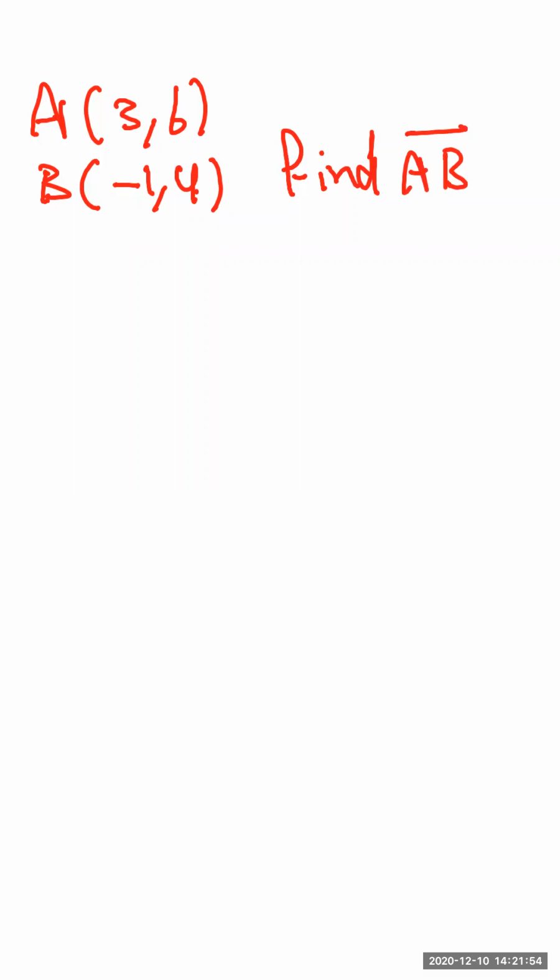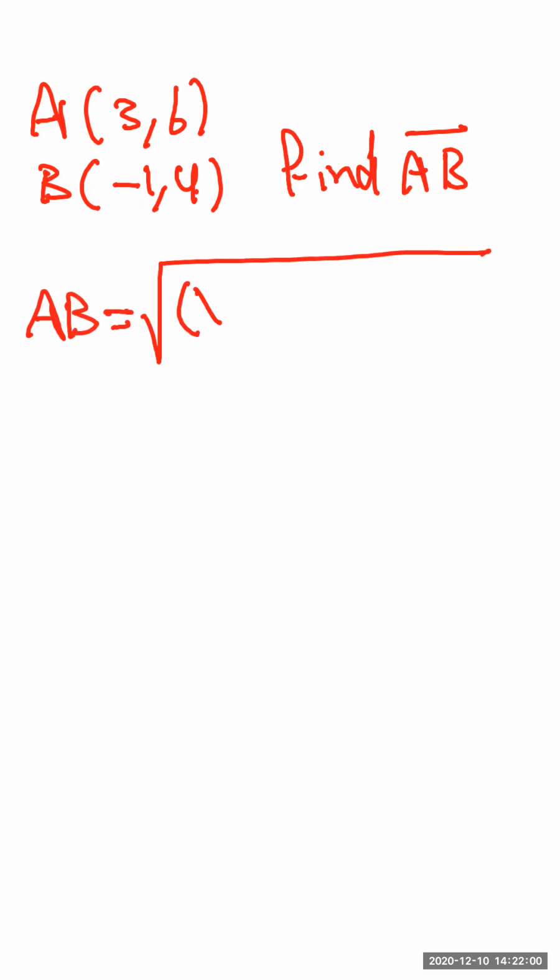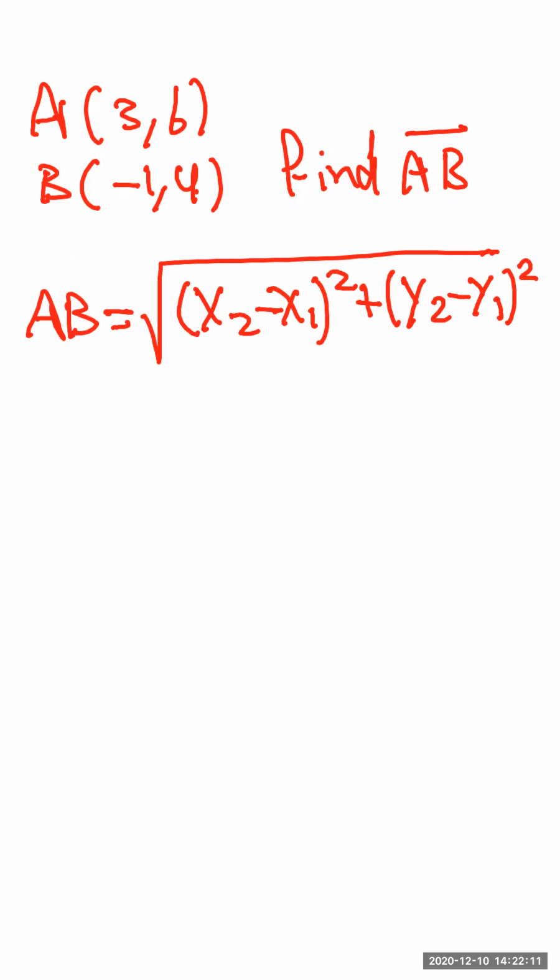Now the length of AB will equal the square root of x2 minus x1 squared plus y2 minus y1 squared. So it will equal the square root of x2 minus x1. Where is x2 here?